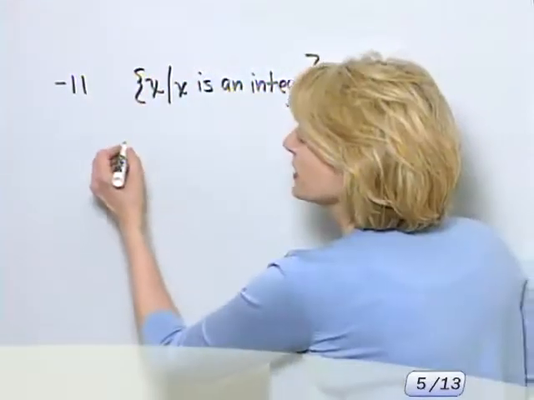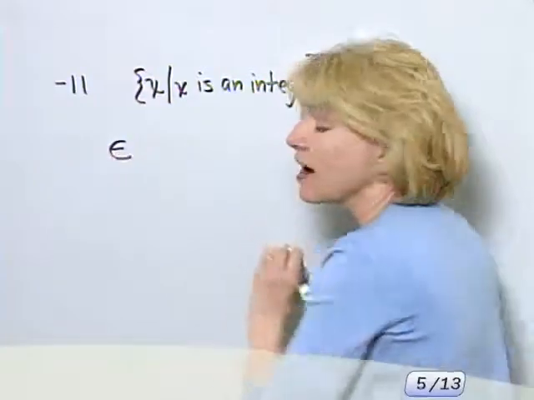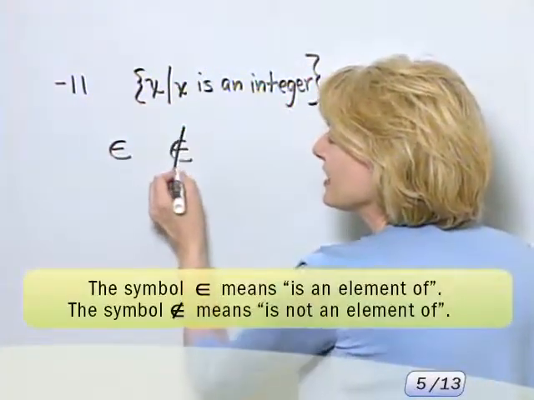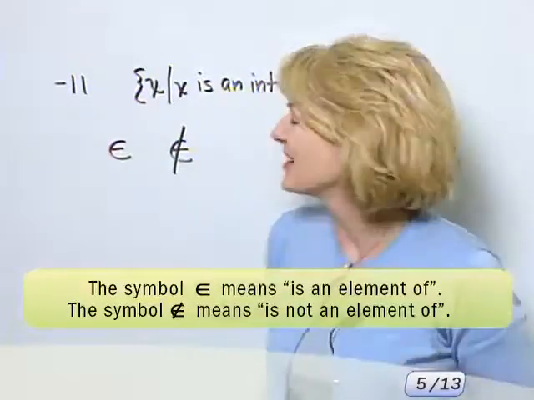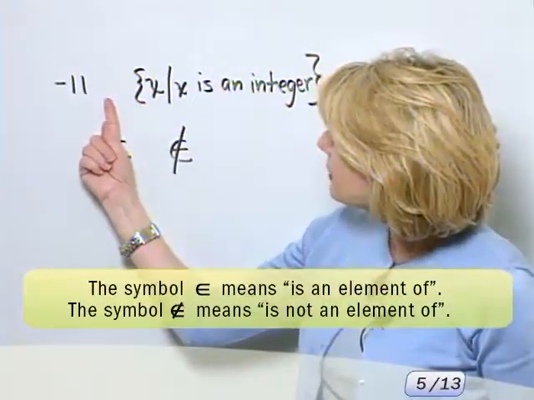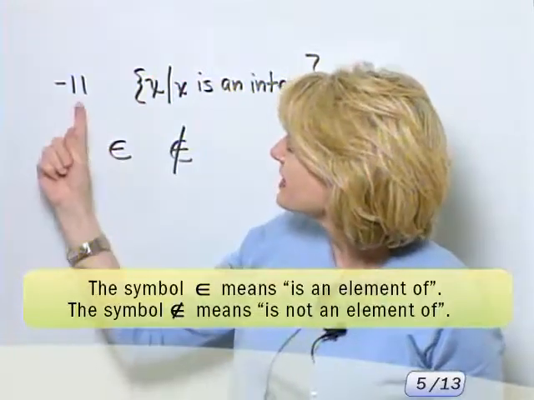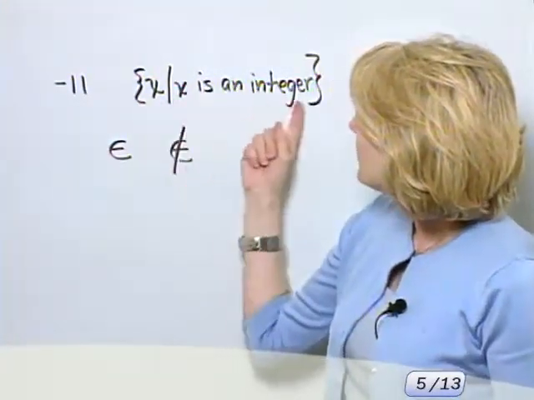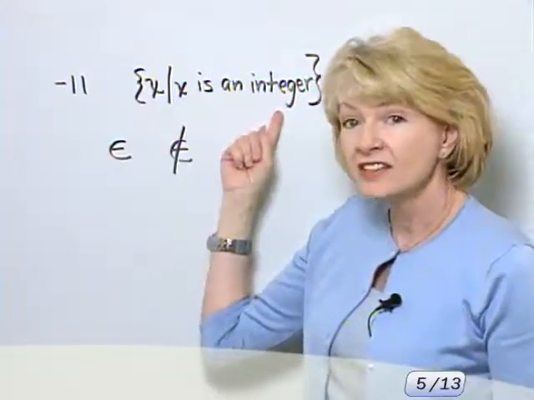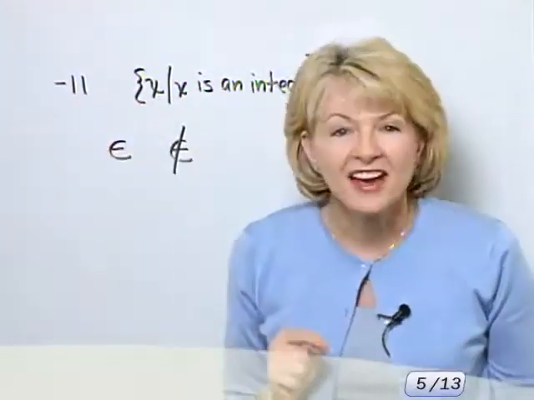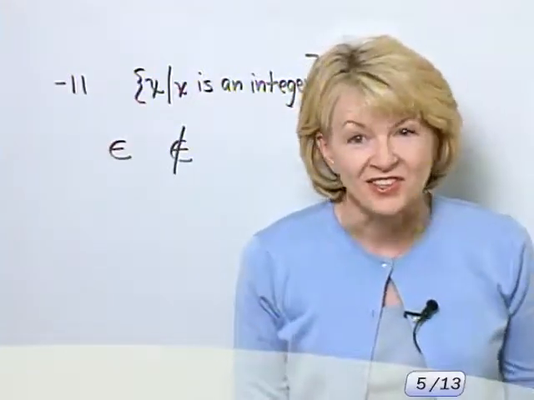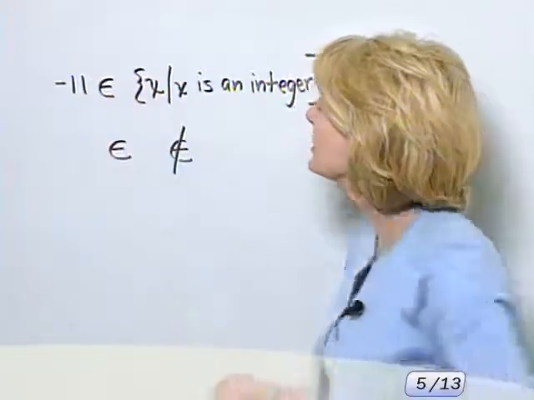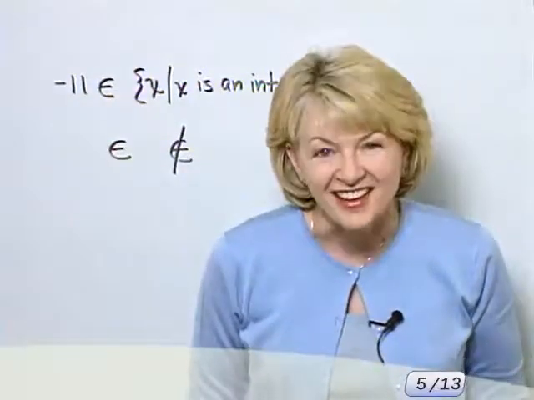Now remember, here is our notation for is an element of, and that is not an element of. So let's replace this space with this symbol or this symbol. Is this an element of this set? Well, this is the set of integers. Negative 11 is an integer, so negative 11 is an element of this set.